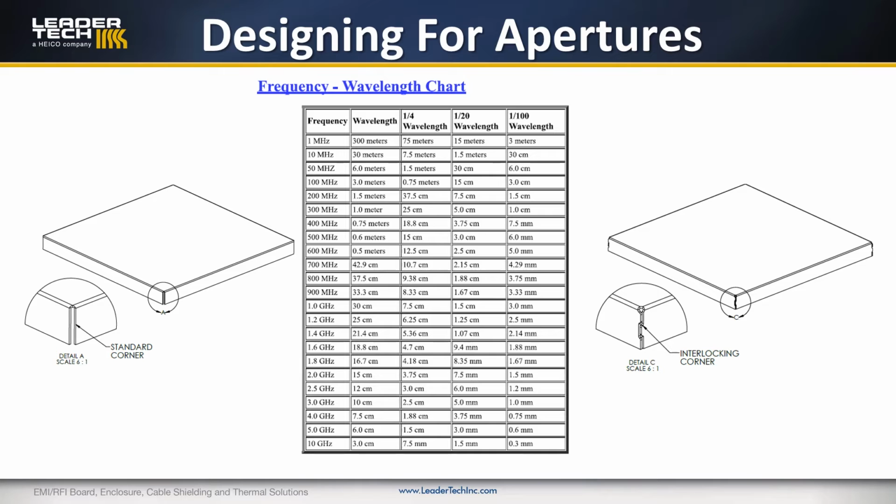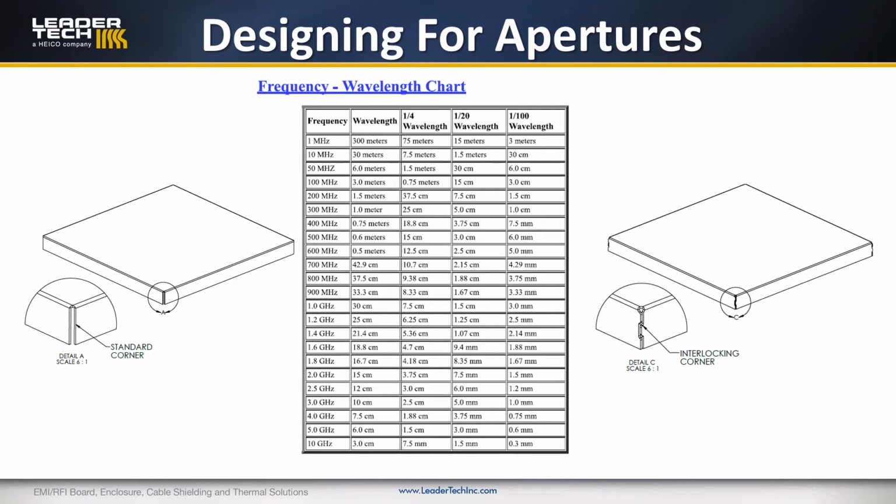So you can see the maximum allowable opening is 3 millimeters. So for the shield on the left, we've got just a standard corner. With the standard corner, it's cheap and easy to manufacture, but you're limited by the height of the shield. So if you had a 5 gigahertz frequency in this shield, the maximum that wall could be would be 3 millimeters. Otherwise, you're going to release signal and reduce your shielding effectiveness.